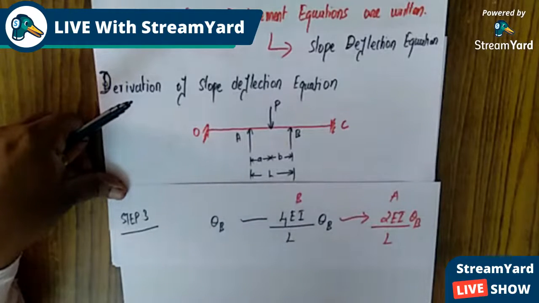However, we are considering the two opposite joints in the same span.